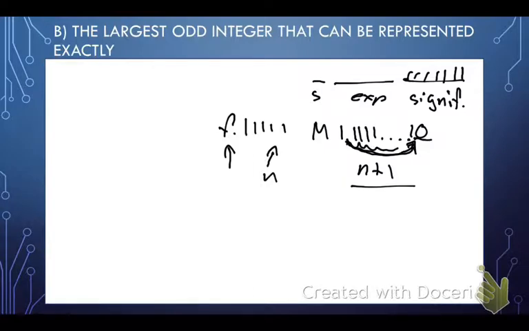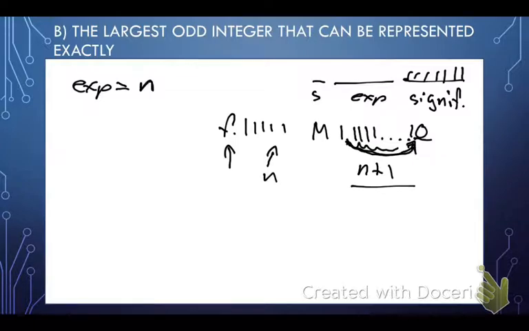Okay? So we want our exponent to be equivalent to n. How are we going to do that? Well, remember that we need to add the bias on the way in so that when our number is evaluated, the bias can be subtracted.